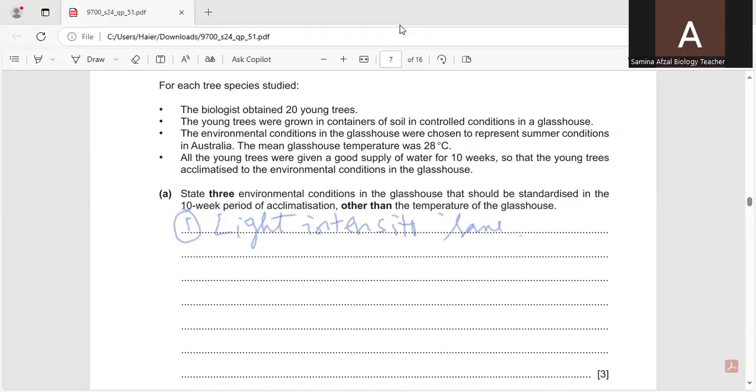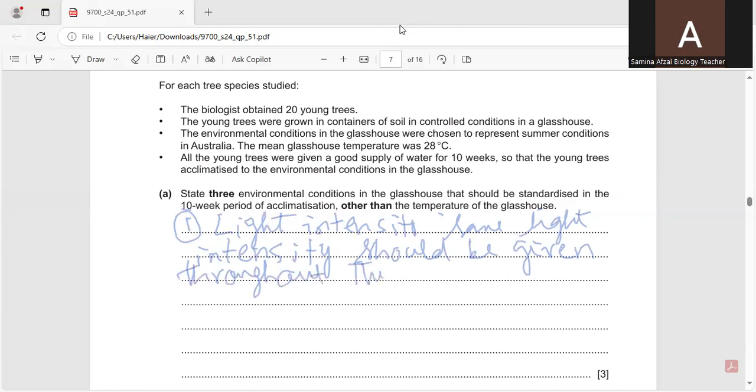The same light intensity should be given throughout the study time of 10 weeks.